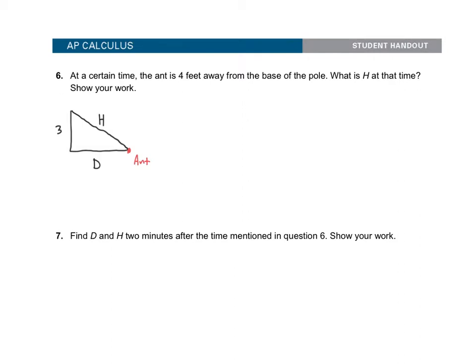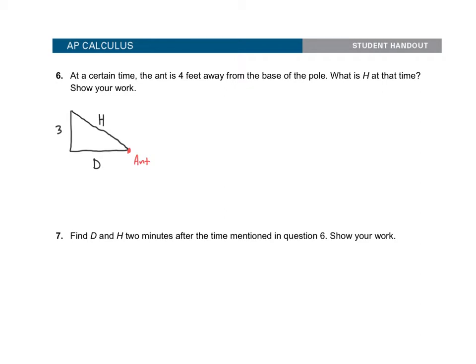Okay, notice, even though they said the ant is 4 feet away, don't label this 4, right? You only want to label things with numbers if they're not changing. So that's why I labeled the pole as 3, since it's not changing.